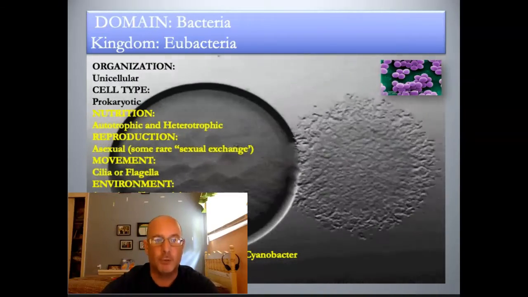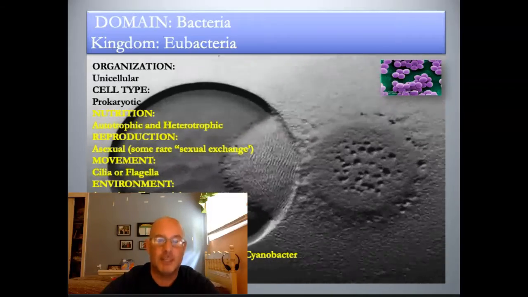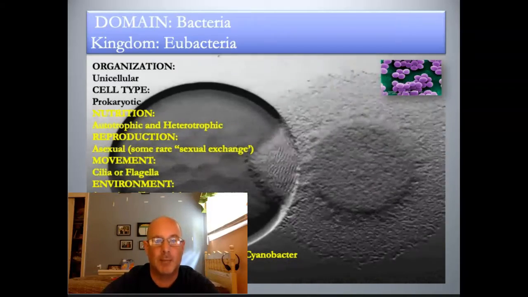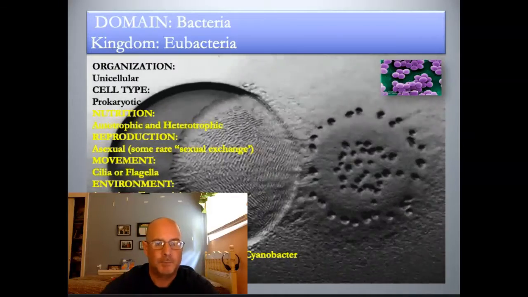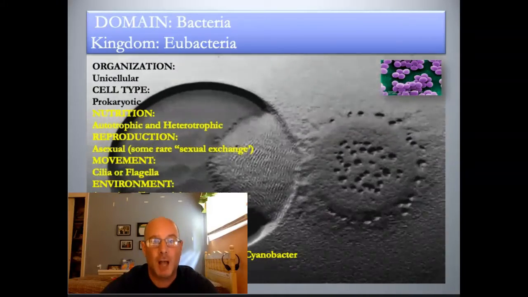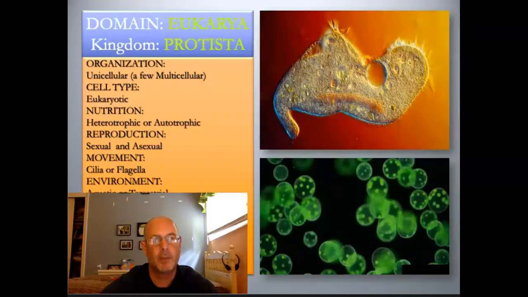You should know their nutrition. You should know how they reproduce. Movement is just going to be cilia or flagella. They're little tails that help the bacteria move in an aquatic environment. You could think about Streptococcus. That is going to be the bacteria that causes strep throat.